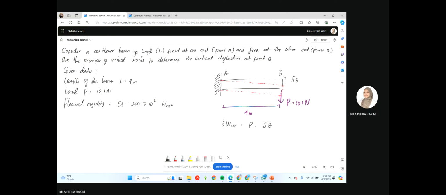If you see the visualization over here, for the cantilever beam at a moment at distance x, because there is a distance of 4 meters, we have to transform the formula into this.